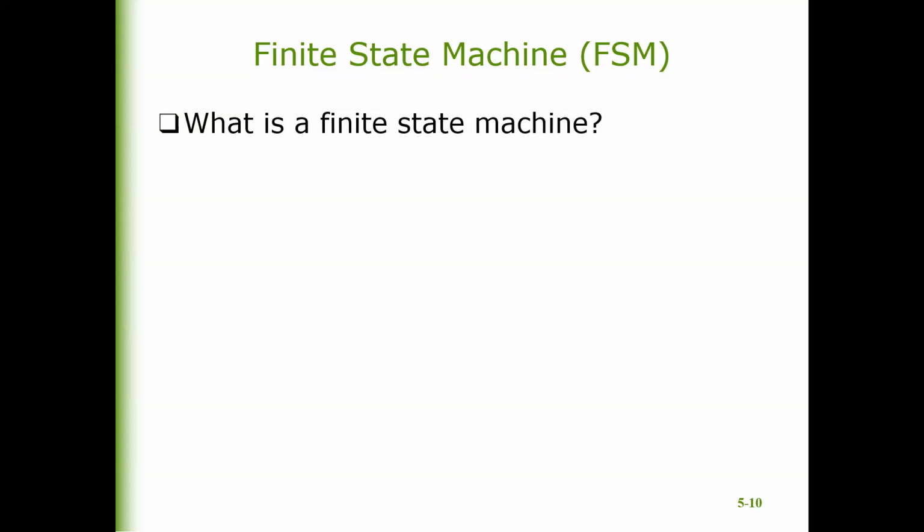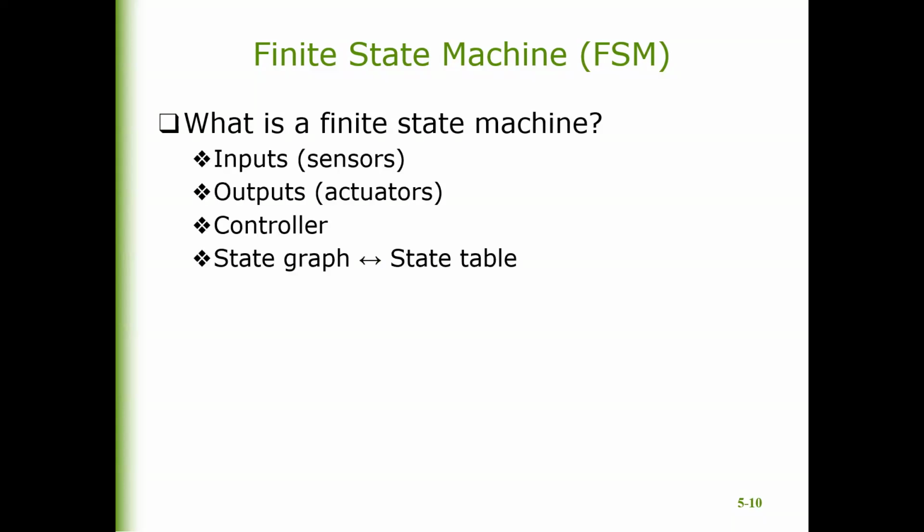Okay, so let's continue our slides. Like we discussed on the whiteboard, for our finite state machine, we have input, output, the controller, and the state graph or state table, which is basically similar things.